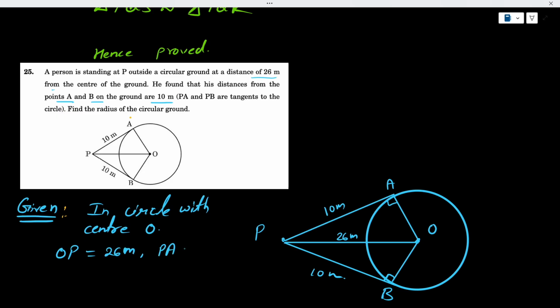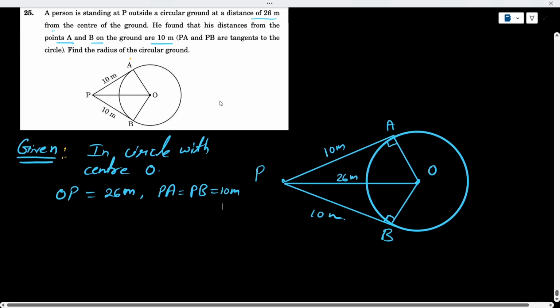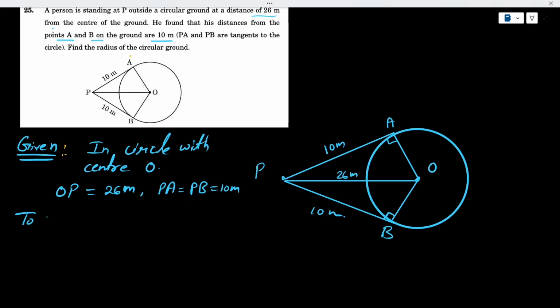Then PA equals PB equals 10 meter. What to find? The radius of the circle, which is nothing but OA or OB, they both are radius. So here is the solution.